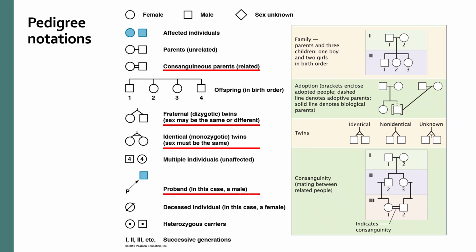This diagram shows some of the common representations that you'll see on a pedigree. Females are represented by a circle, males square, and if we don't know the biological sex of the person, we use a square turned on its side or a diamond shape. A filled in circle or square means affected.